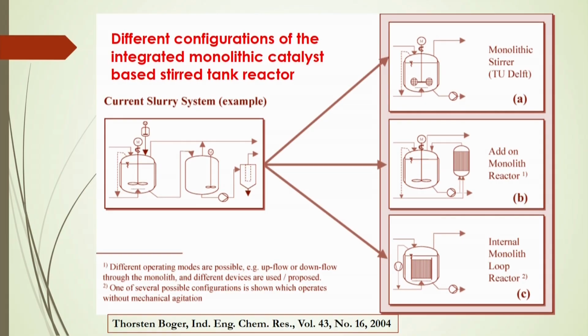Now, there are also other configurations for a monolithic structure that may be useful for particular chemical engineering processes, like the integrated monolithic catalyst in a stirred tank reactor. We know how current catalytic slurry reactors work in chemical engineering processes, with gas liquid solid reactions.